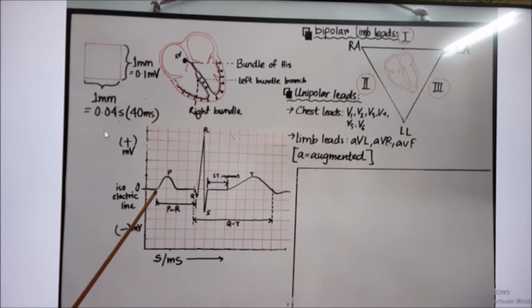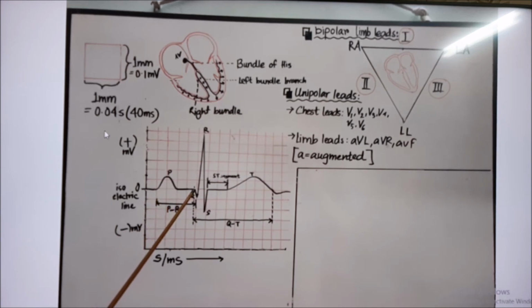The PR interval is from the beginning of the P wave to the beginning of the R wave, which here means the Q wave. Its duration varies from 0.1 to 0.2 seconds.